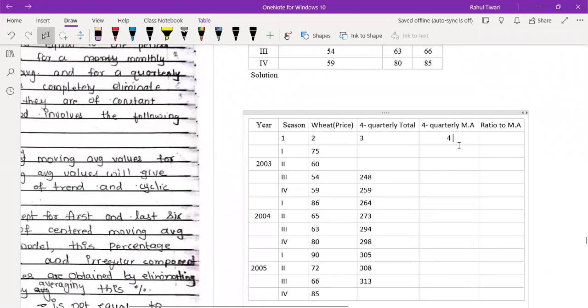So this is the 4th column, and this will be obtained using the third column, or third entries, divided by 8. You can understand, I think. This is your actual column, 4th column, 5th column.